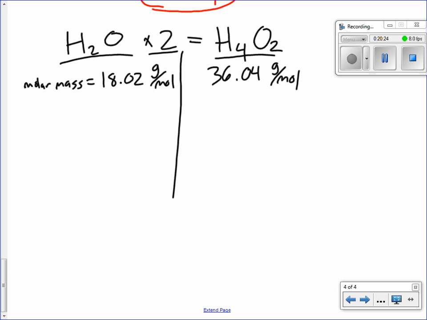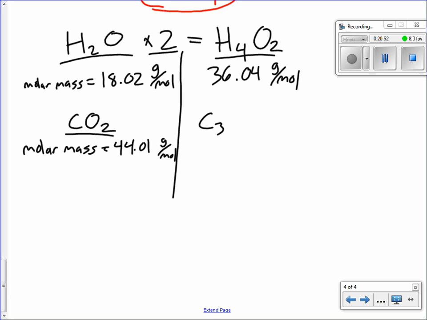So let's say we had, we're talking H2O. Let's get away from water. Let's say we have carbon dioxide, CO2. Okay? Carbon dioxide has a molar mass of, let me add this up, 44.01 grams per mole. Okay? So let's say we have C3O6.